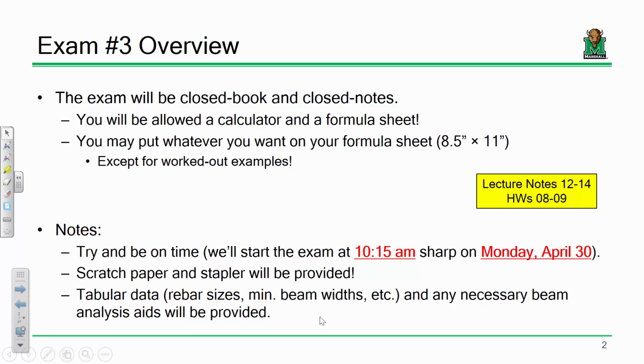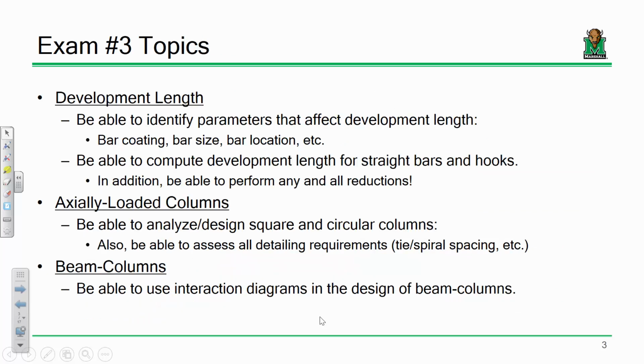The coverage is lecture notes 12 through 14, homeworks 8 through 9, so development length, columns, and beam columns. So here's the deal. For development length, make sure that you can identify all the parameters that affect development length, so you know what's going on with bar coating, bar size, bar location, all those adjustment factors. Make sure you can compute the development length for straight bars and hooks, and that you know how to do all the appropriate reductions.